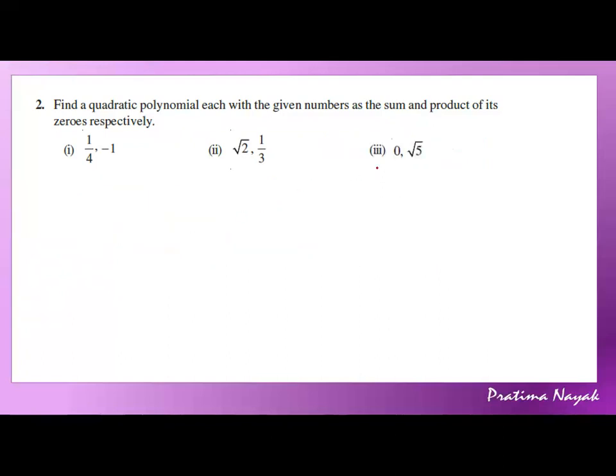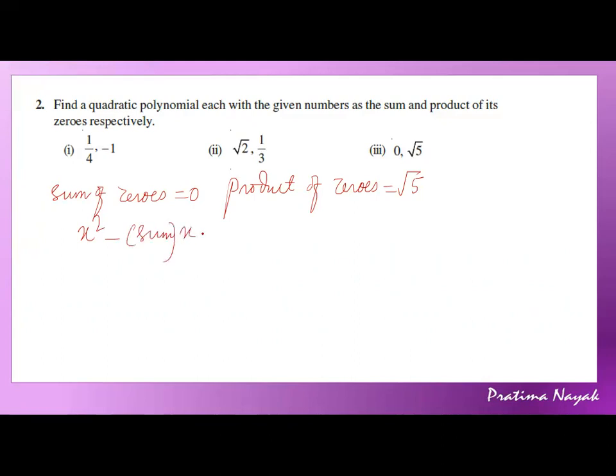Third one, sum of zeros is 0. Product of zeros is root 5. So equation is x square minus sum into x plus product.